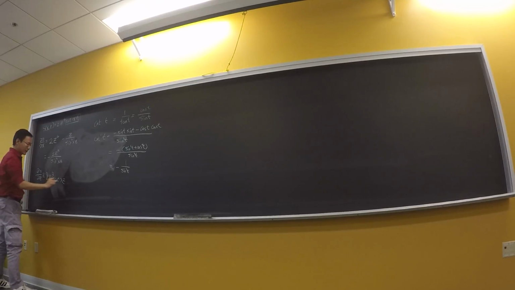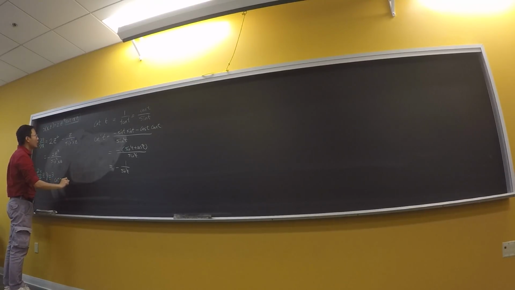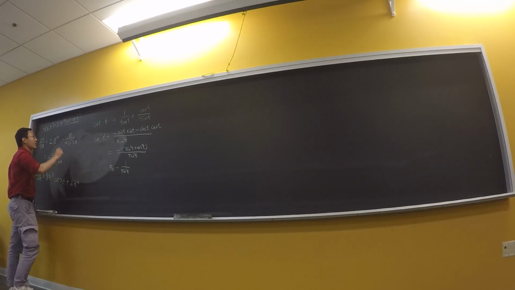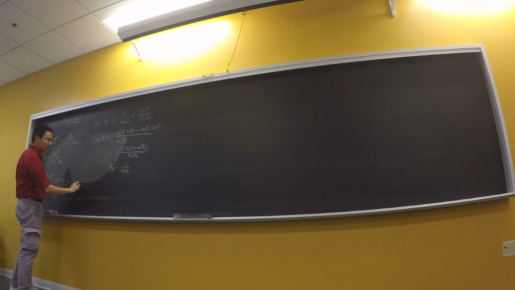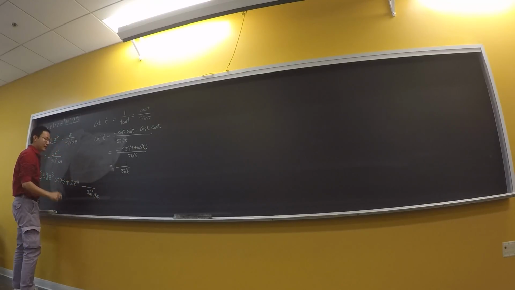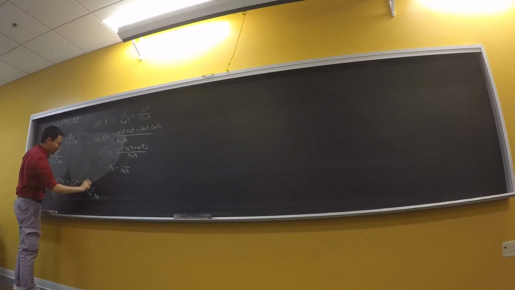And then plus 2z to the fourth times the derivative of this guy. So it's going to be negative 1 over sine squared xz, and then the derivative of the inside with respect to z, you get x.